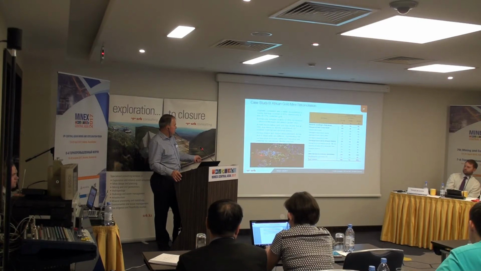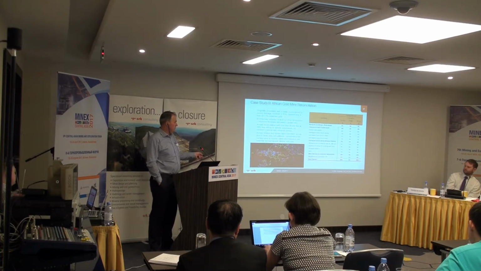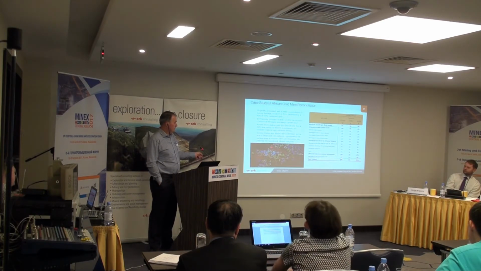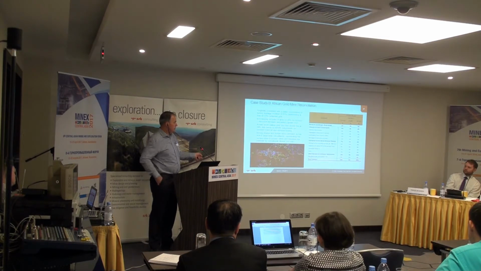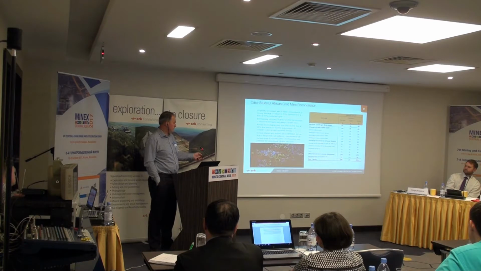In these circumstances, you can apply some fairly simple techniques to determine the level of operational dilution and loss. And generally what I do is look at the grade control ore body outlines, section them, and simply ratio the perimeter of the section to the area. And then applying a thickness of dilution, you can fairly readily estimate the levels of dilution.